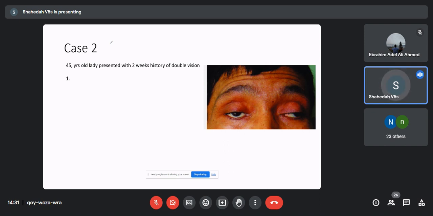Okay, so what else can cause third, fourth, and sixth nerve problems? Third, fourth, and sixth, like the seventh nerve, have upper and lower motor neurons. But we don't call it upper motor third nerve or lower motor third nerve like in the seventh nerve; we call it supranuclear and infranuclear.